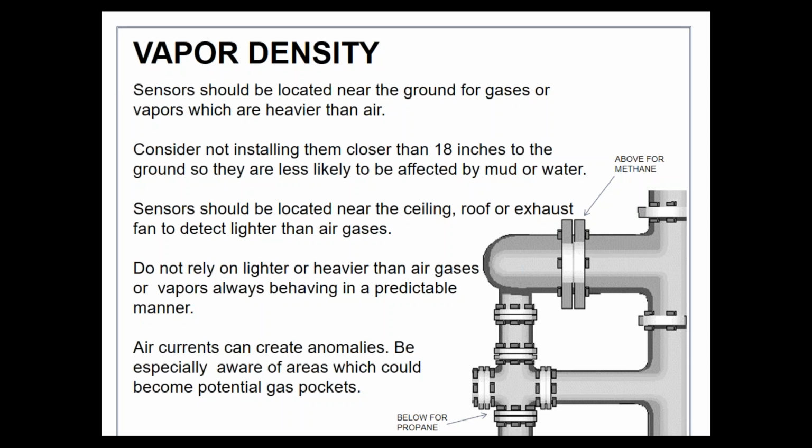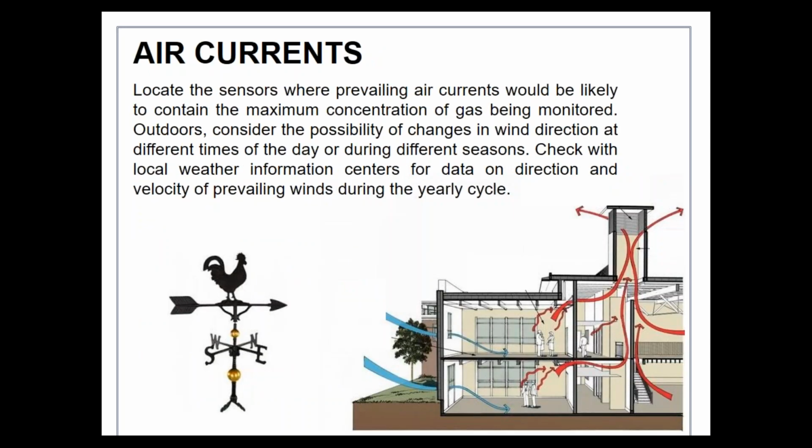The other thing you also have to remember is air currents can create problems. And we actually have a slide for that. So air currents, and again, I took these pictures off the internet, but my point is that you always have to be aware of where your air currents are. I'll give you an example. We had a customer put a sensor in the bottom of an elevator shaft for carbon monoxide.